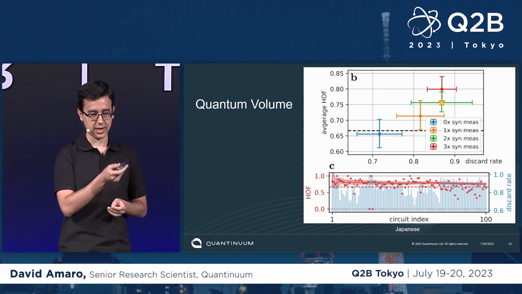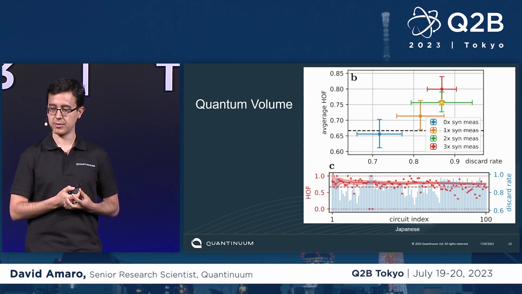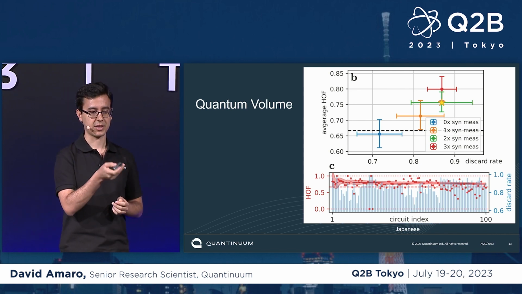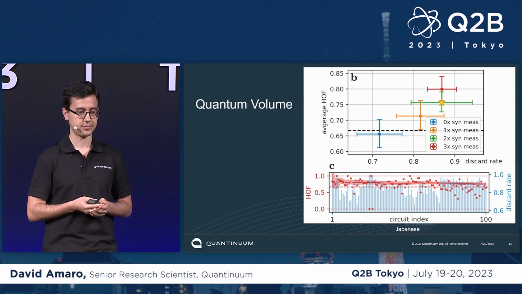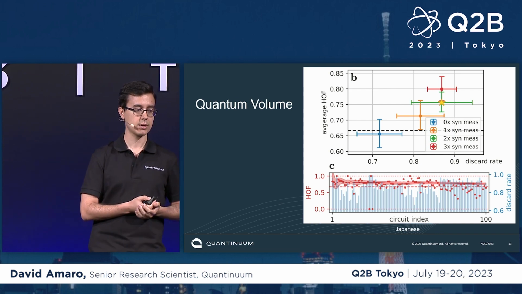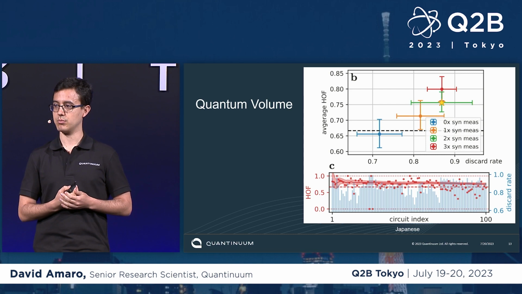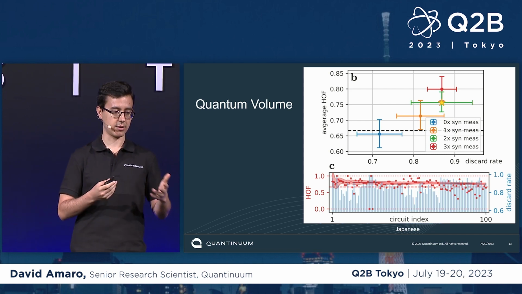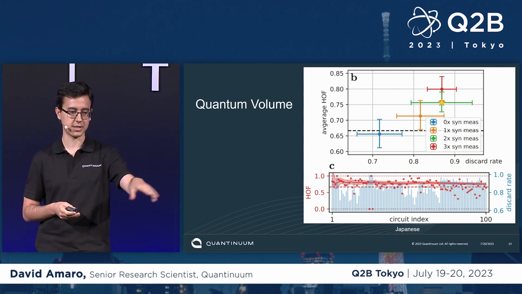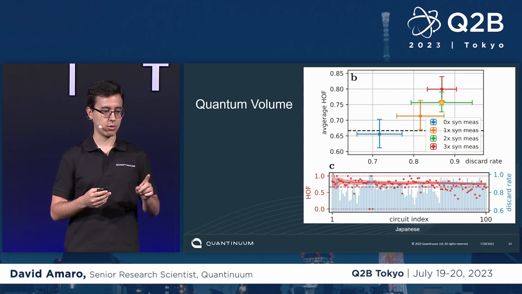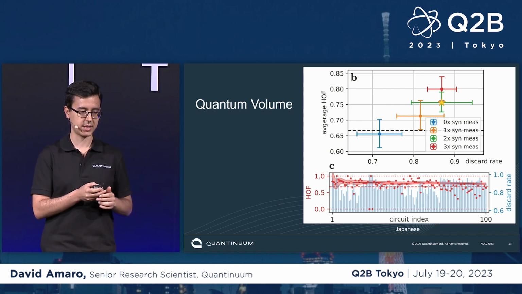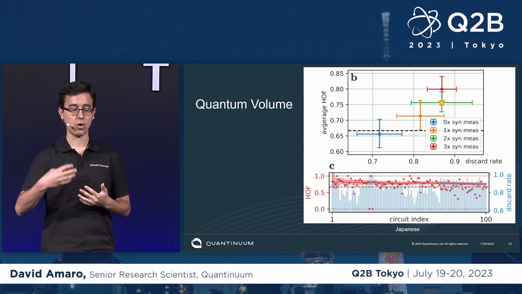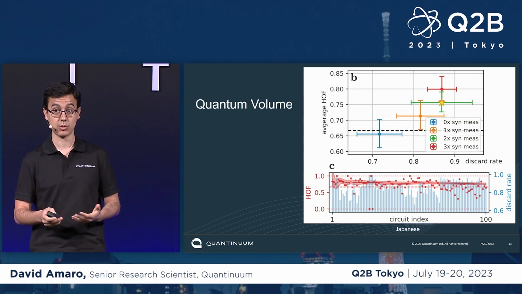These are the results. Every point is an experiment on H1, I think H1-2, with a different number of syndrome measurement circuits. And as you can see, the green one passed the quantum volume test. That means that we achieved the necessary results on a statistical measure. So I want to highlight 2 things about this. First is that this is an example where adding overhead, adding more gates, actually helps.